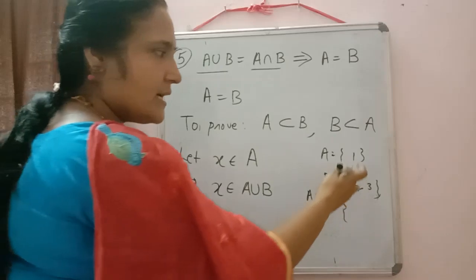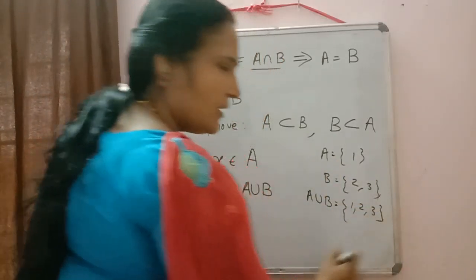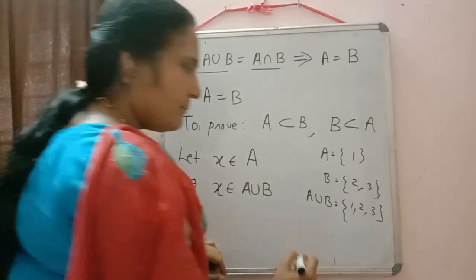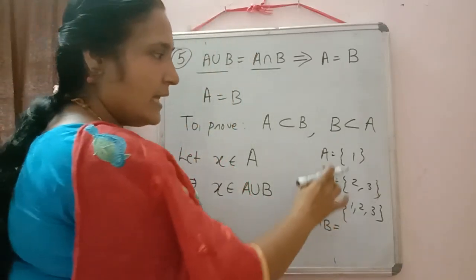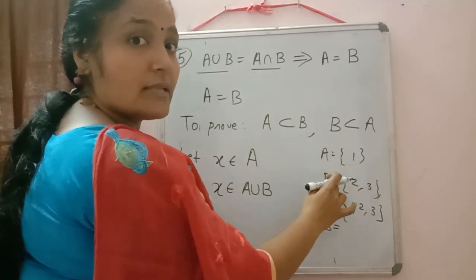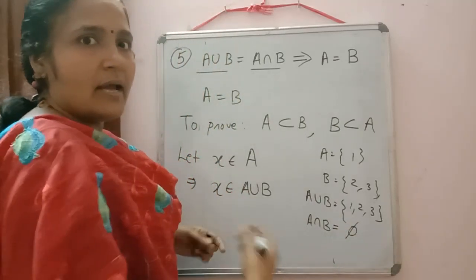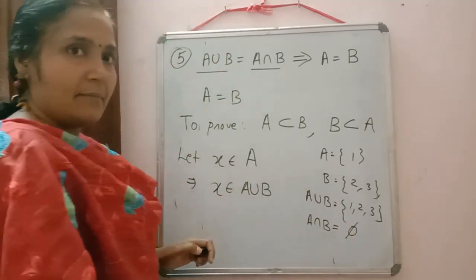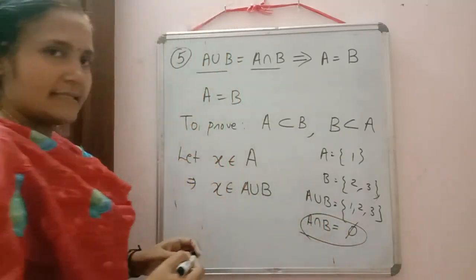All the elements which are there in A and which are there in B. So A union B will be equal to 1, 2, 3. But if I will write A intersection B, what will come? Any element is there which is common in both A and B? No. So that is called no element is there. So that is a null set. No elements are there in A intersection B. So surely we cannot say whether X belongs to A intersection B.